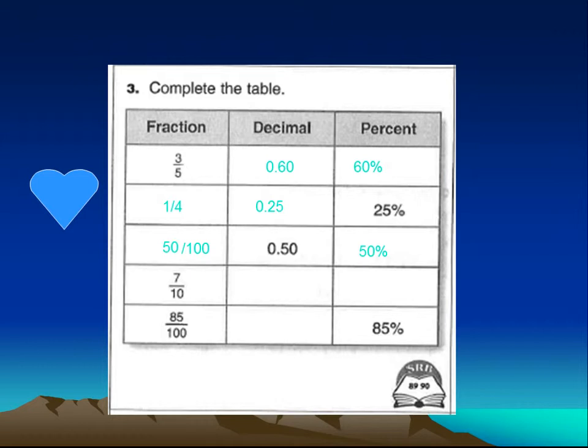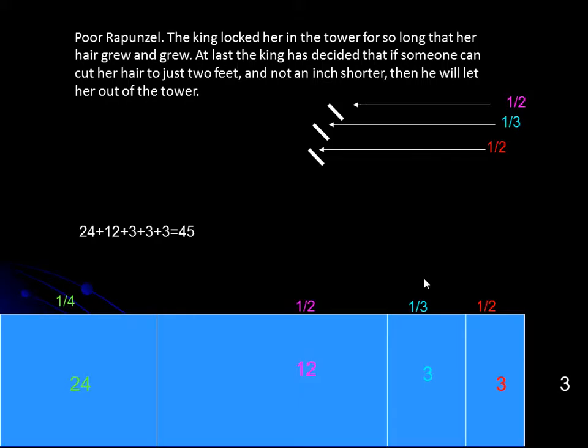You get 0.50, and then turn it into 50%. 7/10 equals 70, because you just add a 0 to that. Go to the next slide. That was really good. I loved how you did that. 5 times 20 equals 100. 3 times 20 equals 60. That was really good.